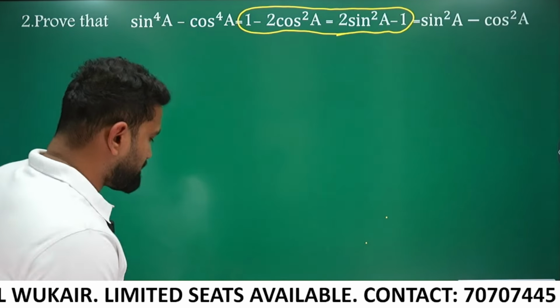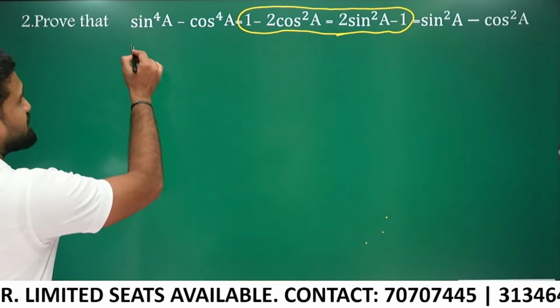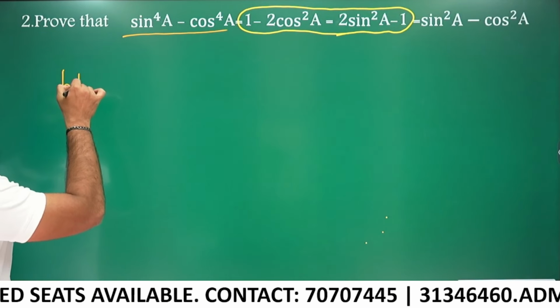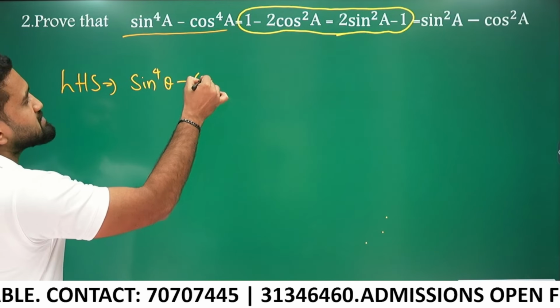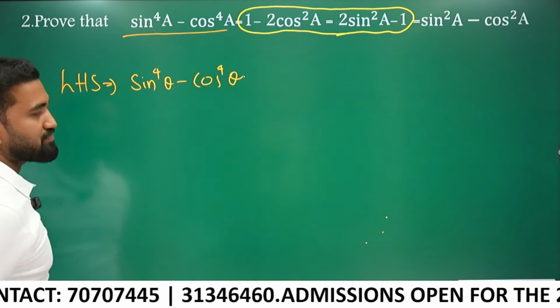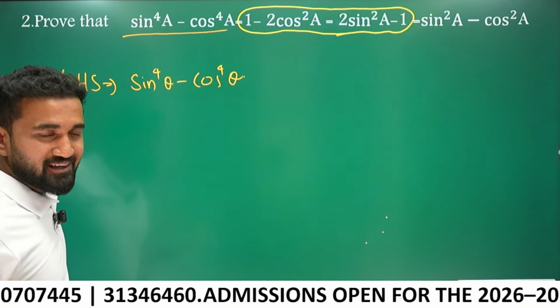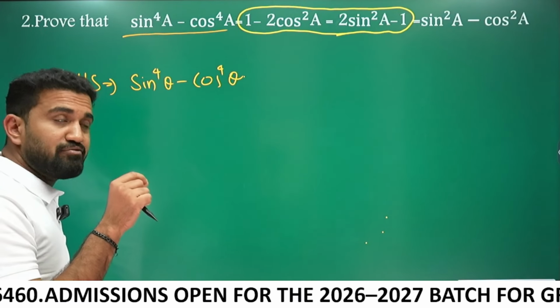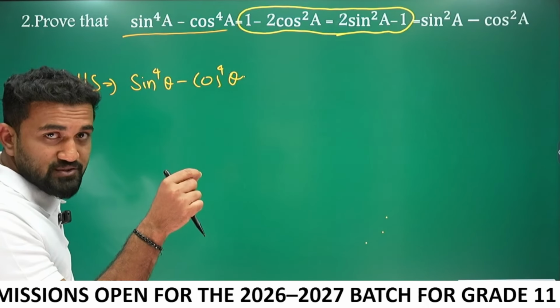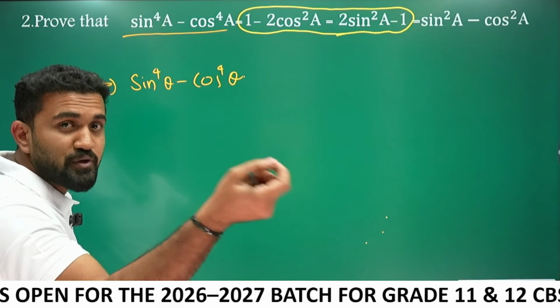Got it? Number 1, what is the LHS here? The LHS is given as sine raised to 4 theta minus cos raised to 4 theta. We didn't learn any formulas that connect something raised to 4 minus something raised to 4. But we learned a formula, a square minus b square, which is equal to a plus b into a minus b.